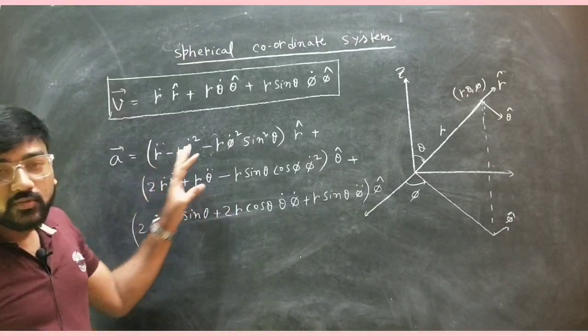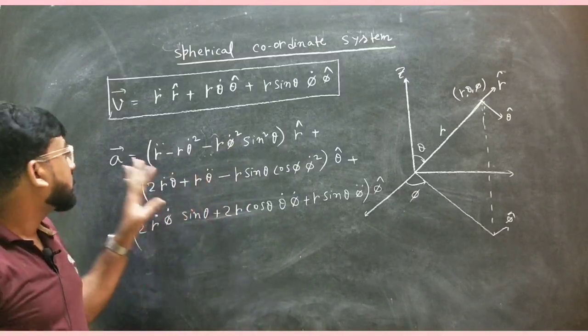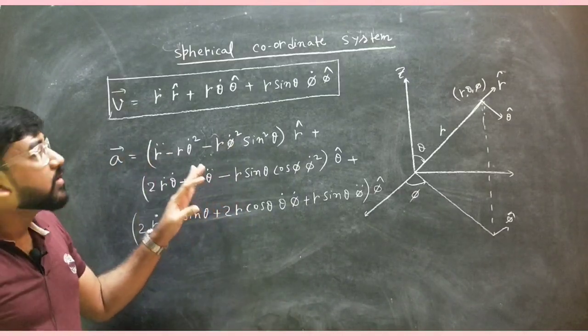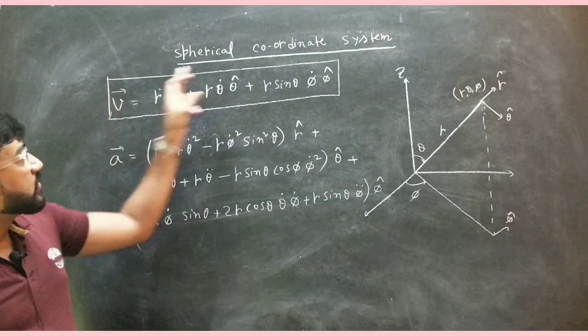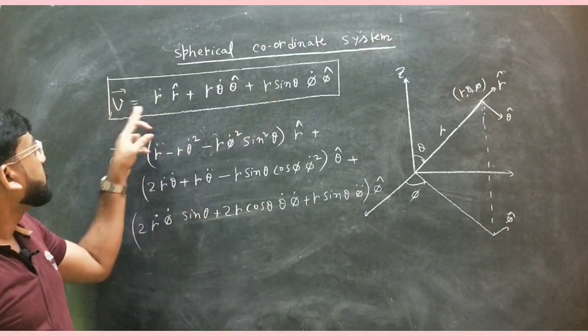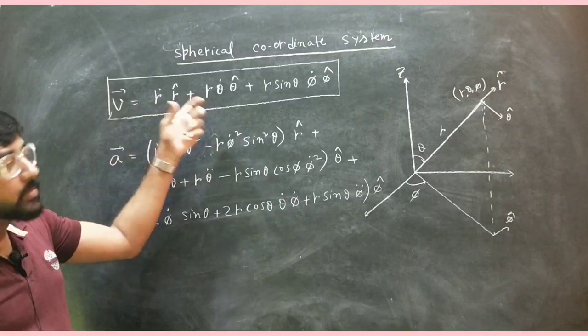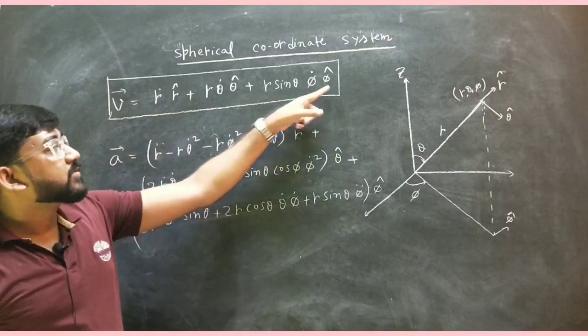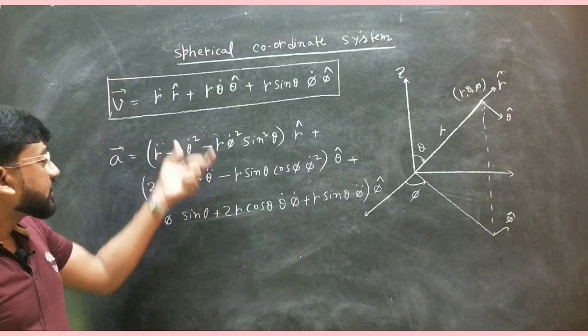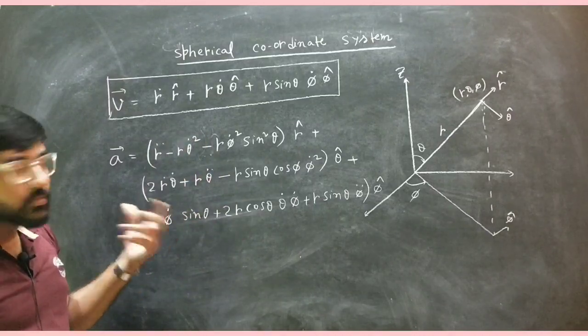Don't worry, you don't have to remember the acceleration expression because questions are generally not asked directly from it, but you need to memorize the velocity expression: v is equal to r dot r cap plus r theta dot theta cap. These two terms are the same as before, and r sin theta phi dot phi cap is the extra term.